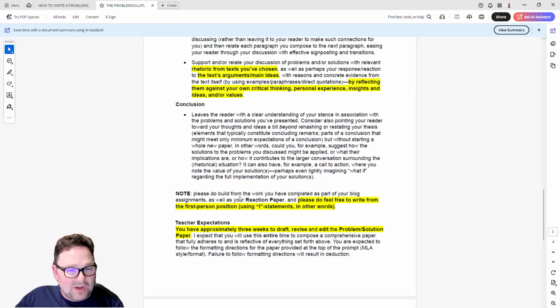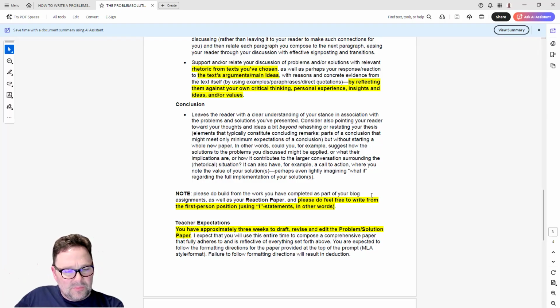I'm not inviting you to do things like copy and paste entire pages of your reaction paper to stand in for this. But again, if you developed a way of seeing a problem or an issue in that reaction paper that you think would be helpful in getting you started with this problem solution paper, yeah, that's one of the reasons why we do these papers in a sequence: to help us build and develop foundational skills, build on top of those skills and build on top of those skills.